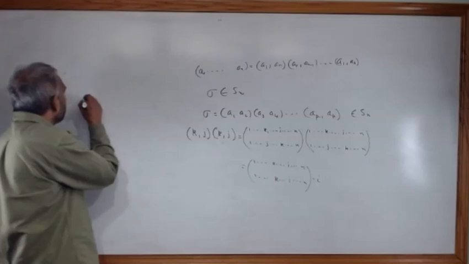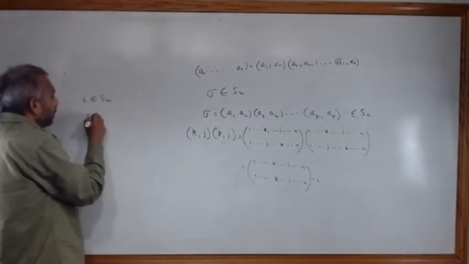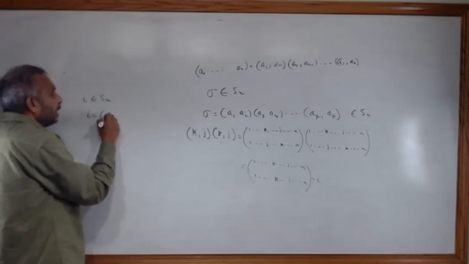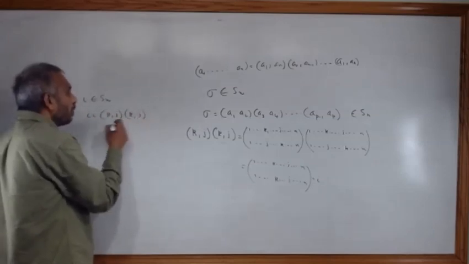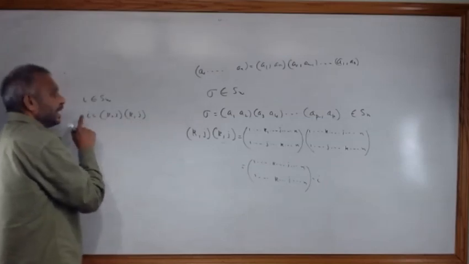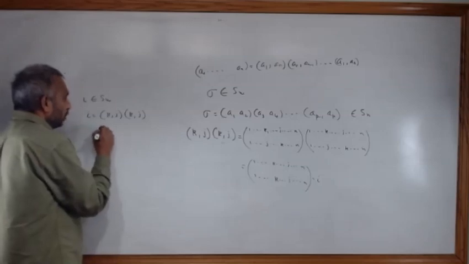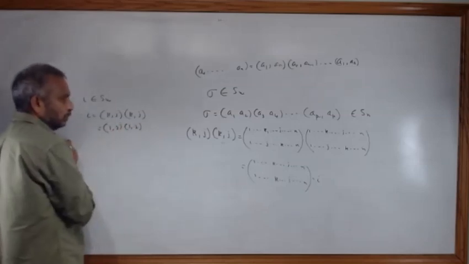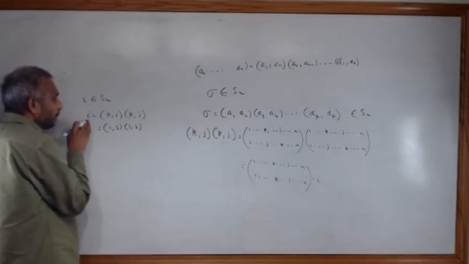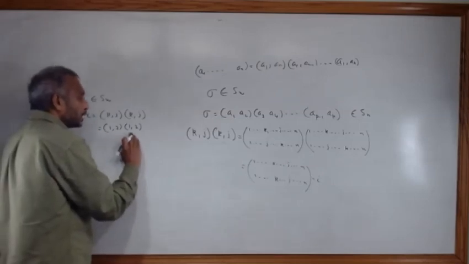So the identity permutation in Sn can be written as (k j)(k j) for any k and j less than or equal to n. So you can write it as (1 2)(1 2). So the identity permutation can be expressed as 2 transpositions.